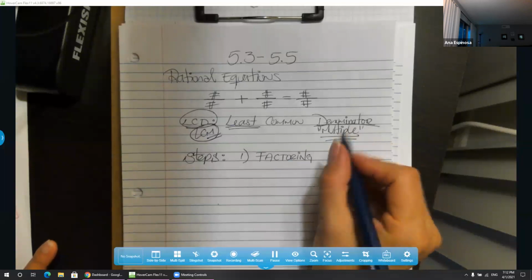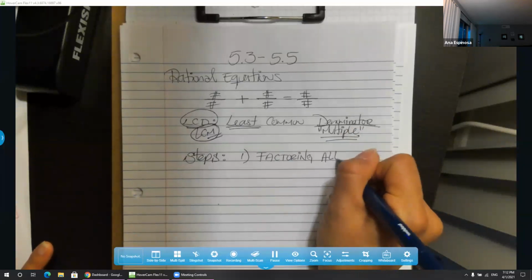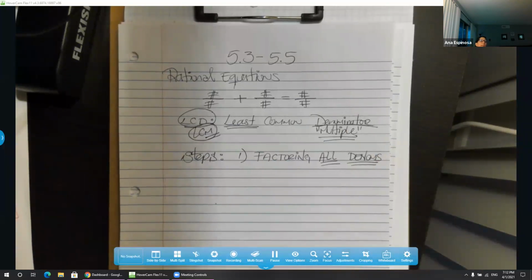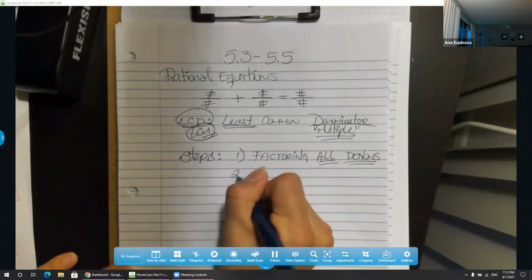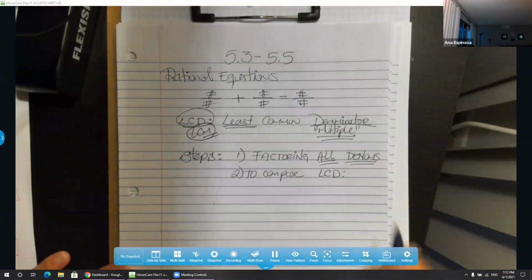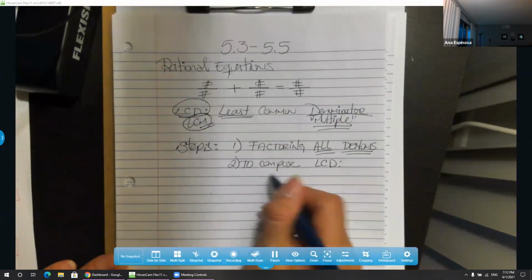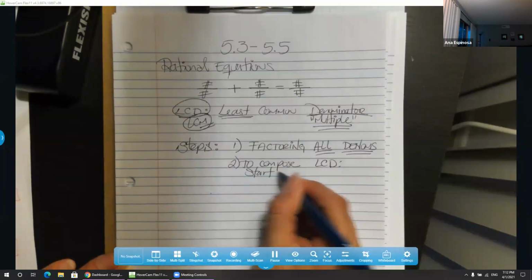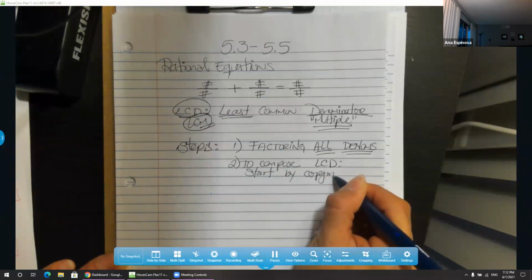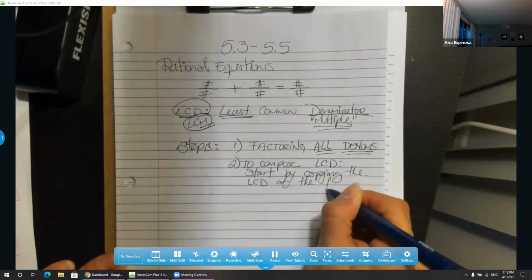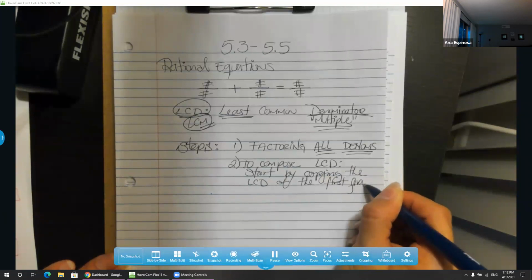All right, so factoring all denominators. You're going to go ahead and factor all the denominators, every single one. Okay, now to compose your LCD, start by copying the LCD of the first fraction.